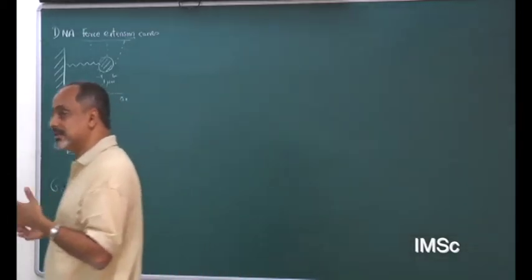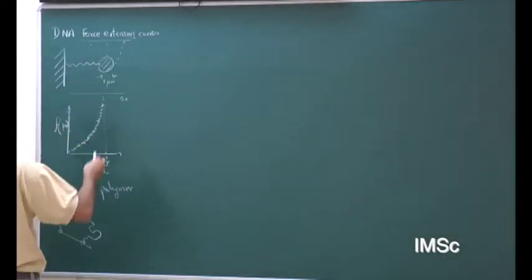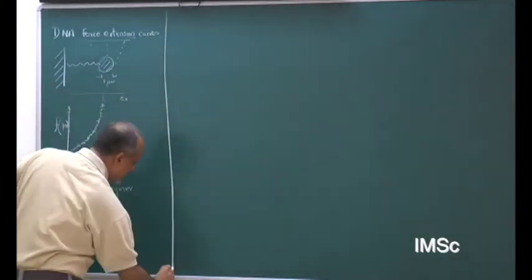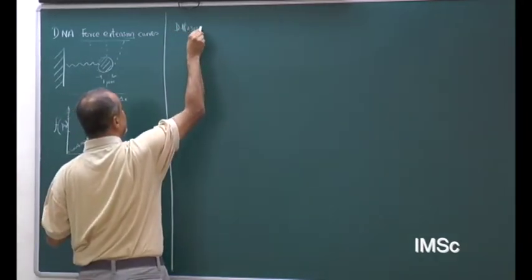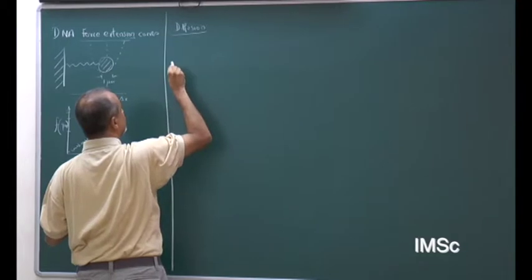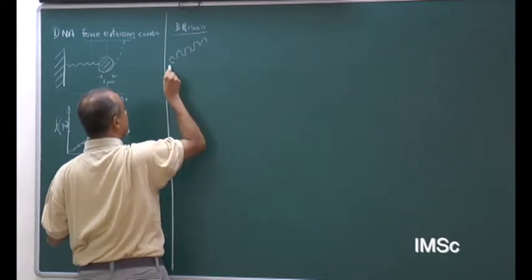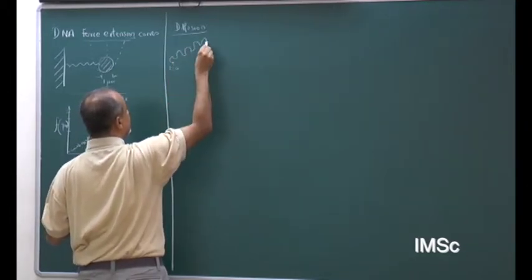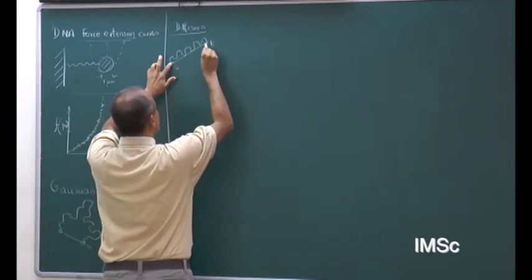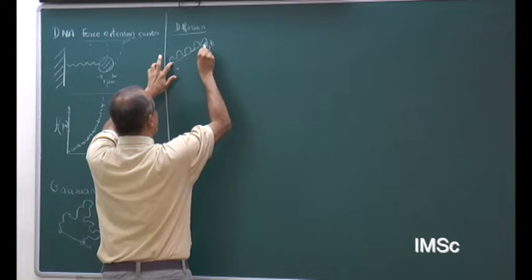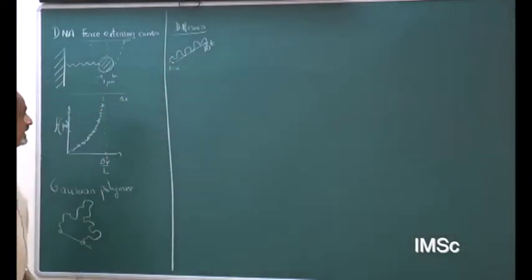So remember how we started thinking about this problem. We began with thinking about diffusion, and we said that if I took a diffusing particle, started off here at t equal to 0, landed up somewhere else at some different time t, and I asked what is the end-to-end distance r between the beginning point and the ending point.